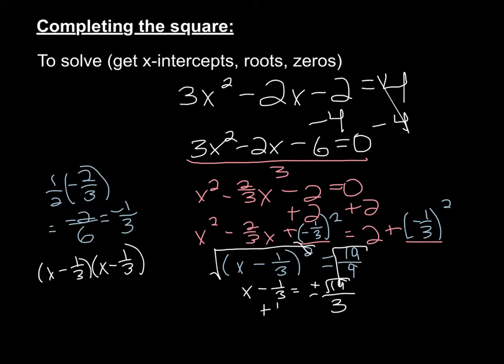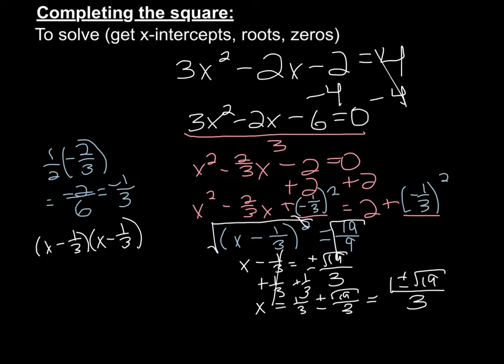When we finally add the 1/3 to the other side, we're going to add it in front of the plus or minus, just to make things a little bit easier. So we get x equals 1/3 plus or minus radical 19 over 3, which is the same thing as saying 1 plus or minus radical 19 all over 3.